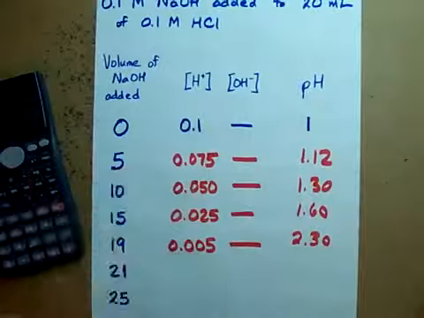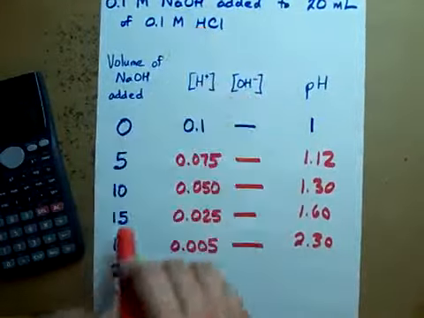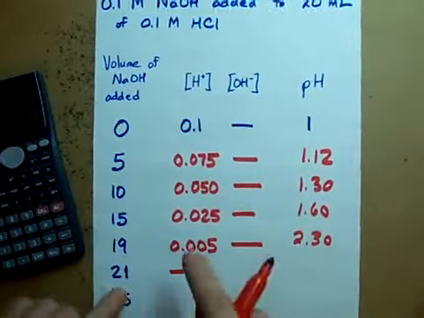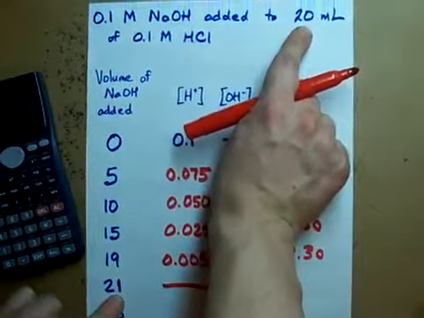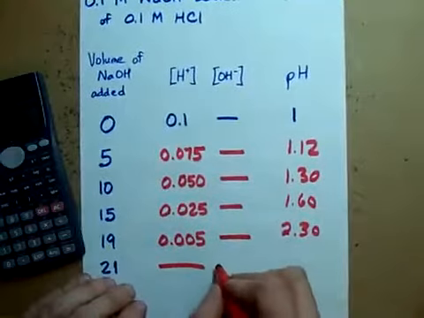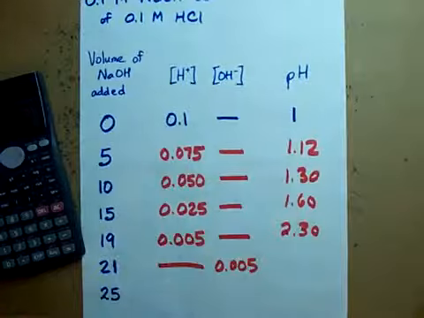Well, all of a sudden, all my acid is gone. I only had 20 milliliters of the acid, and now I'm adding 21 of base. You know what that means? I have an extra milliliter of base left over after I've titrated away all the acid. All of a sudden, I have excess base left over.